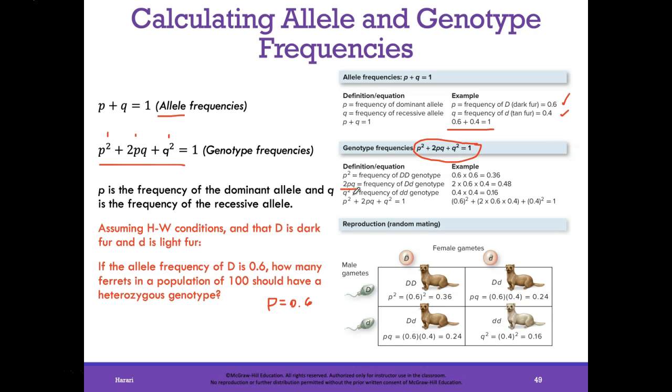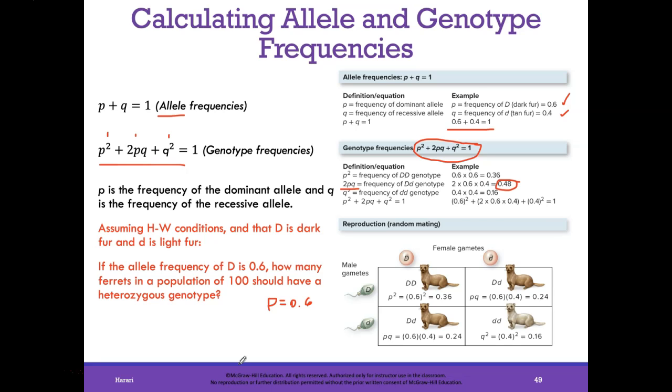So I have to take 2 times p, which was 0.6, times q, which is 0.4, and that gives me the answer of 0.48. And 0.48 represents 48% of the individuals will be heterozygous if the allele frequencies were as shown. So the answer to my question is that 48 out of 100 ferrets should be heterozygous.